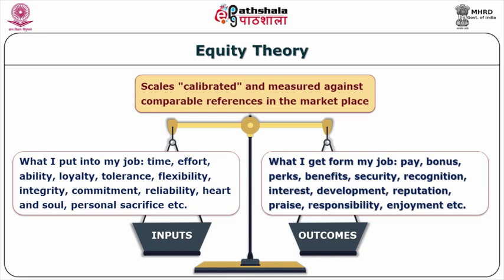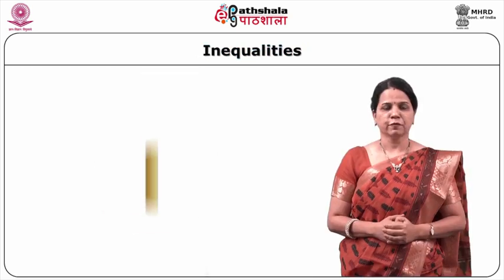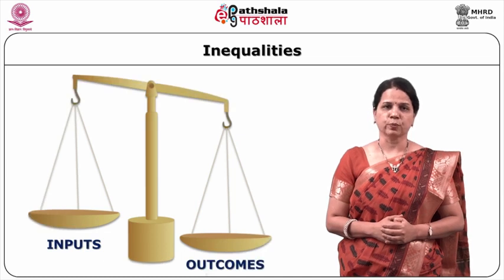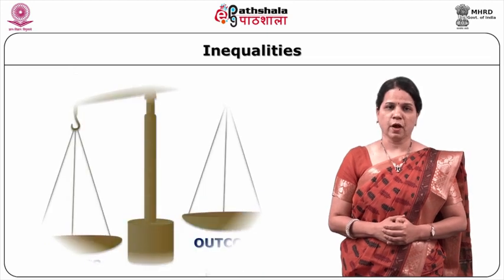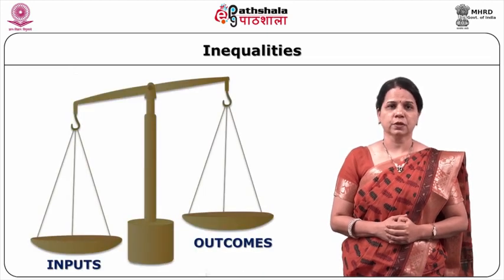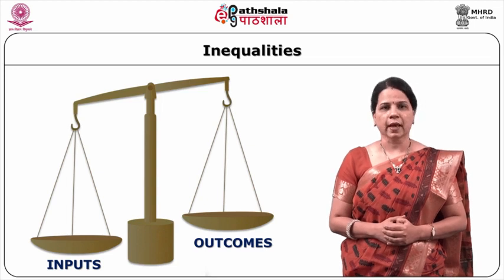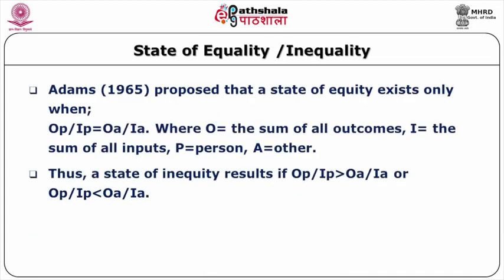Let us see what happens when inputs and outputs are not balanced. If inputs are less than outputs, then inequalities can arise. And if outputs are less than inputs, then too inequalities can arise. To understand the balance of ratios of input and output on the basis of which equality or inequality arises, let us understand what O, I, A and P stand for.